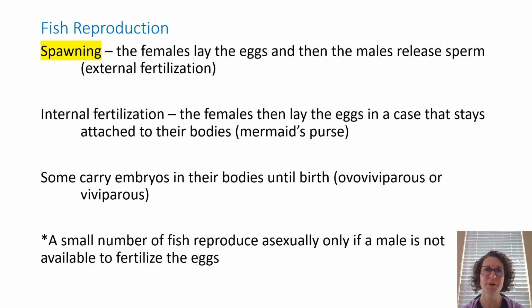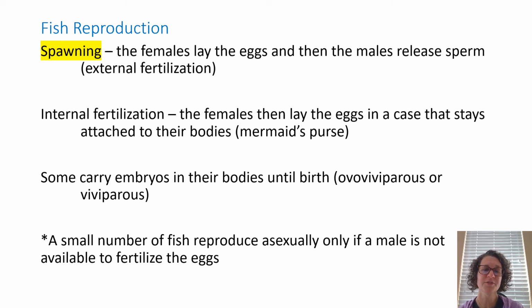You probably have heard of the Alaskan salmon that will swim for thousands of miles and will swim up very specific rivers to the spot where they were born, basically, or where they hatched as eggs, in order to spawn and to reproduce. So it is a very specialized place that they go for spawning, and it is very common and seasonal.